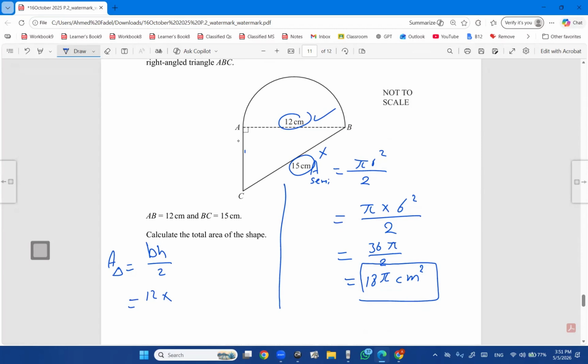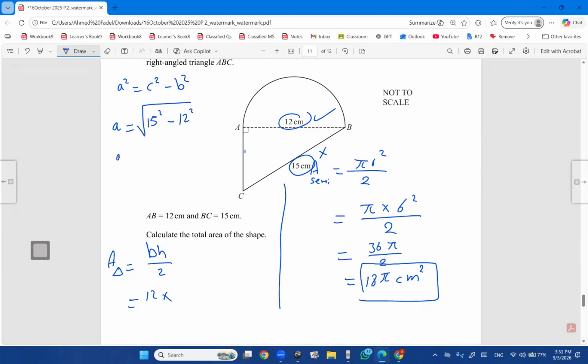How can I find the height? Pythagoras, it is a right angled triangle. A squared equals C squared minus B squared. So A is equal to the square root of C squared, the hypotenuse squared, minus B squared, which is 12 squared.